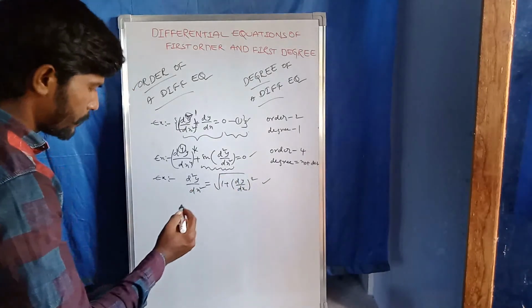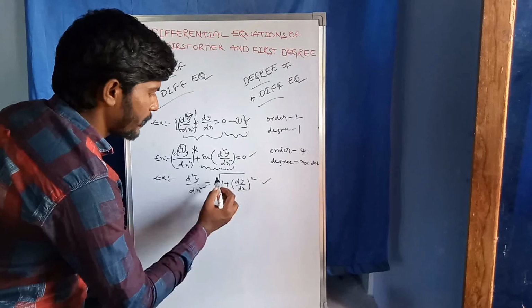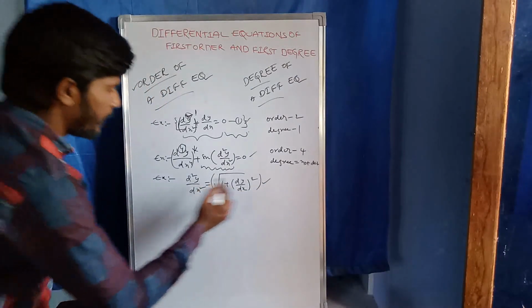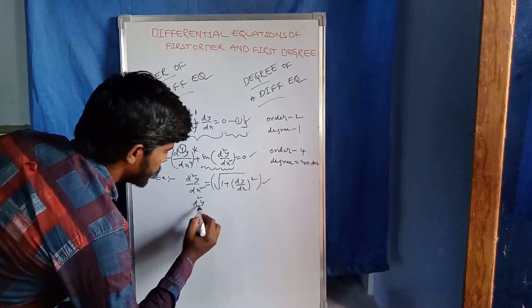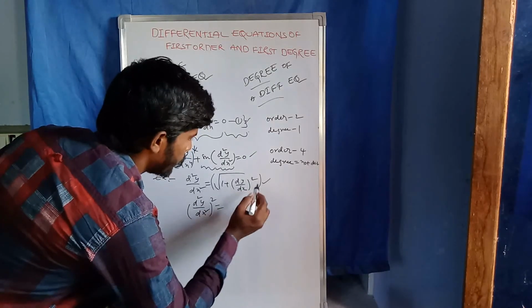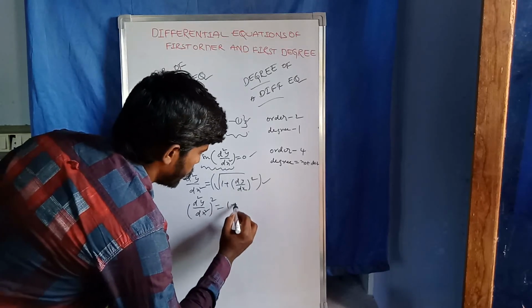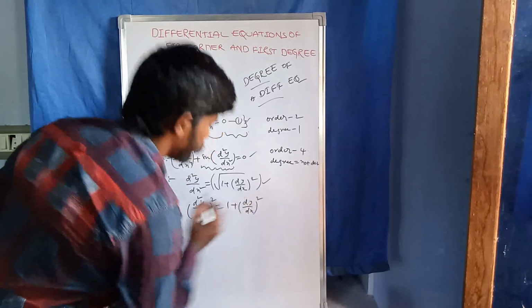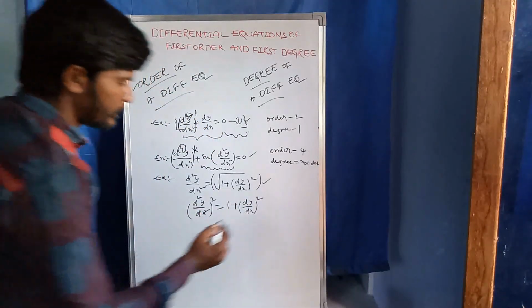In this differential equation, the RHS has a root. So squaring on both sides, d square y by dx square whole square is equal to 1 plus dy by dx whole square, as the square root cancels. This is the required differential equation.